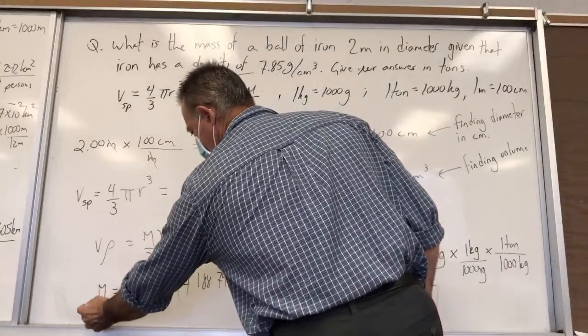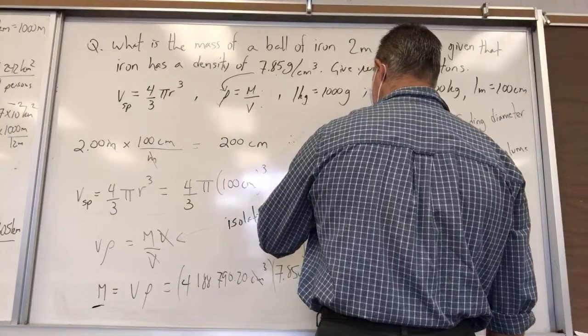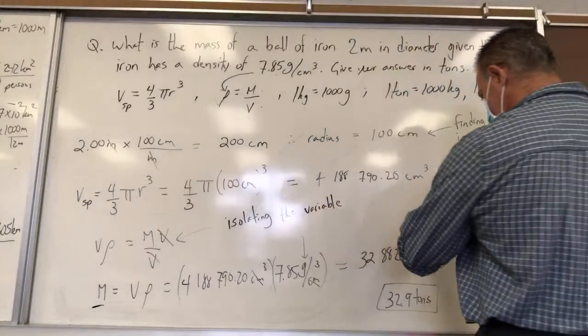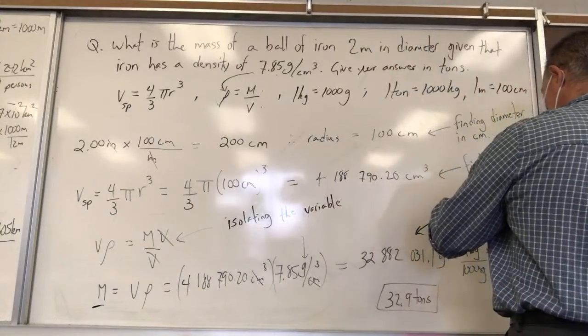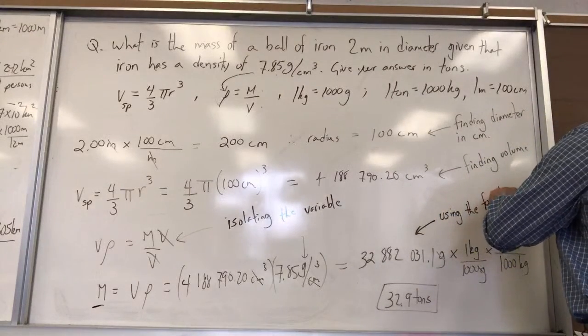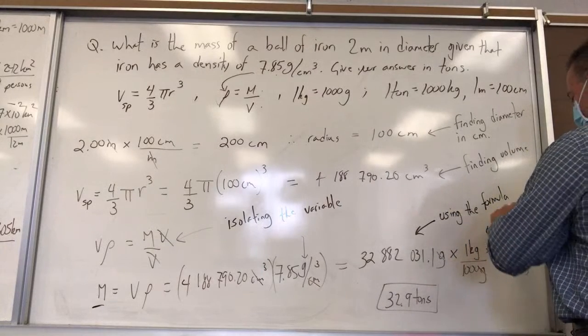So I want mass all by itself. So we're isolating the variable in this step. And then in the last step, we're plugging in the numbers. So we're using the formula. And then here we're converting the answer into the units that we wanted.